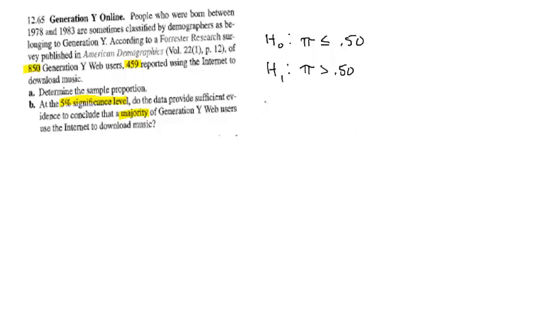And now we need to find our critical value, so z crit. Here we have a right-tailed test, and we're at a 5% significance level, so one tail 5%, so we need to go to our tables. And here we can use the Z or the T table.